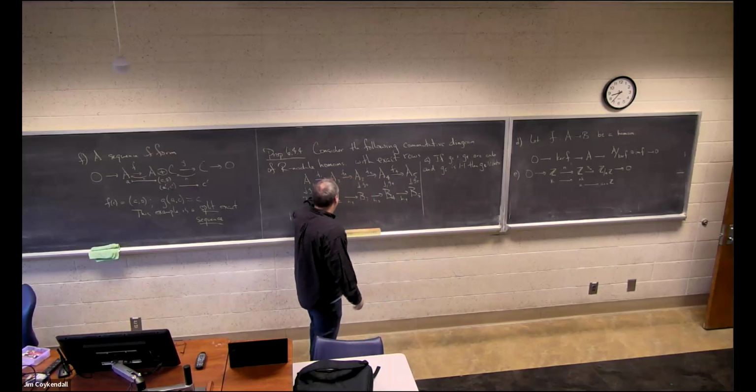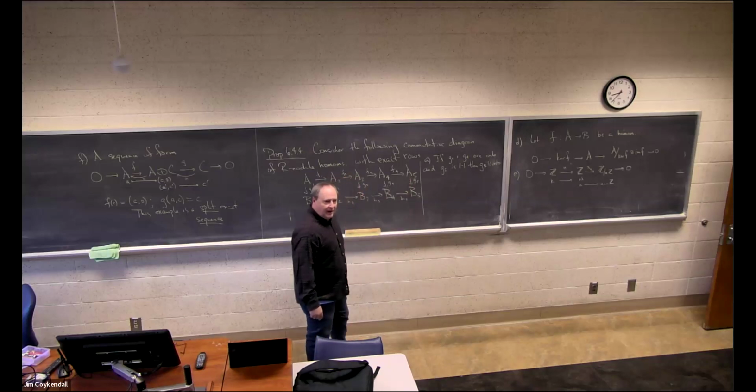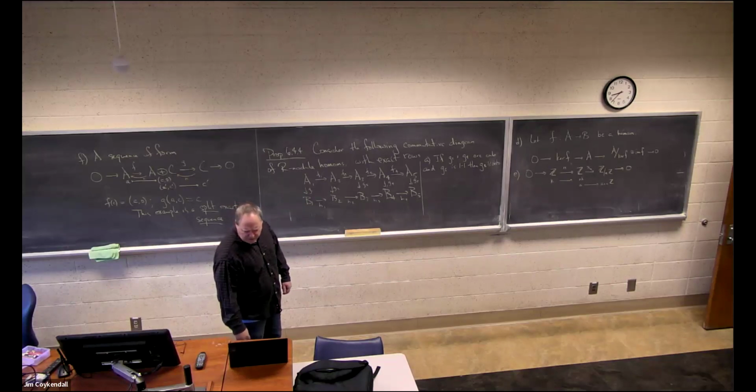That's kind of cool, because these two onto forces the middle one to be onto if you've got 1 to 1-ness here. That's kind of weird, and it shows the intimate relation between 1 to 1 and onto, which isn't completely clear when you first define 1 to 1 and onto.